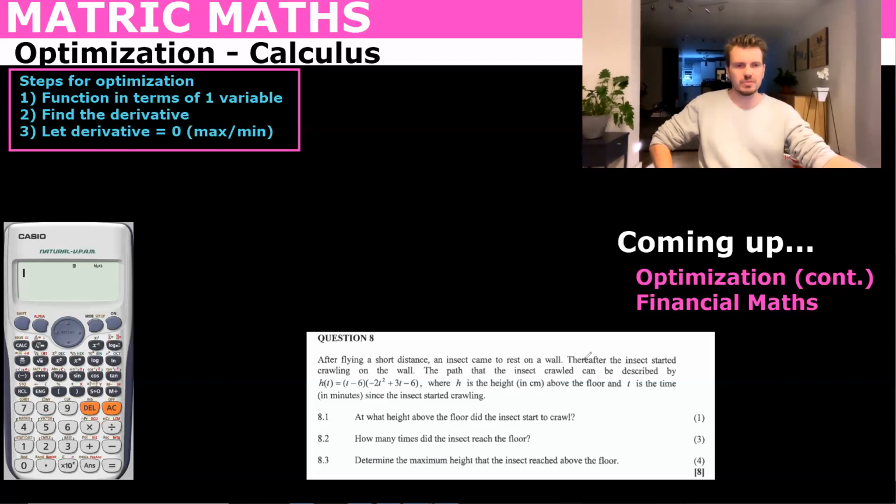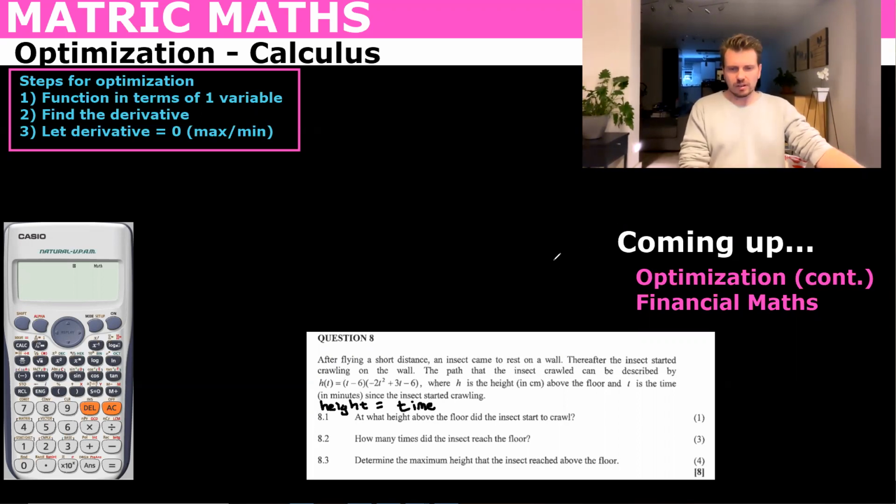Sometimes you can get bogged down with the mathematics of these questions, but rather just think of it logically. What they're saying here is that the height, h, equals a function of t, where t is time. So height is a function of time.